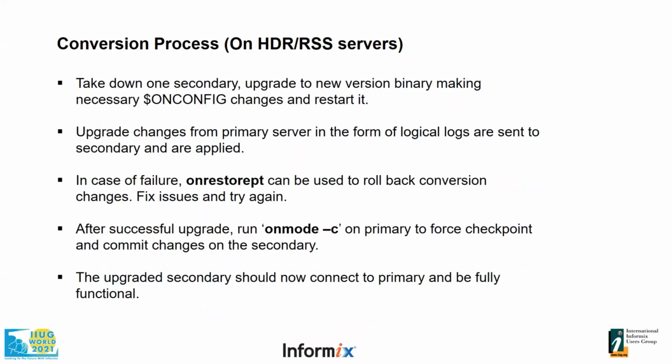Once you have converted your primary, or upgraded your primary to the new binary, you start doing conversion on your secondaries. Before starting conversion on secondaries, one thing you need to see is that after you have upgraded your primary server, your secondaries will see that the primary is up. Your primary will see that the secondary servers are there.